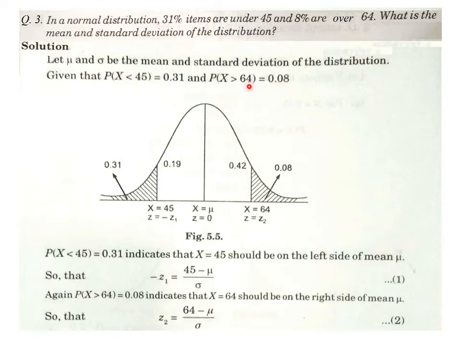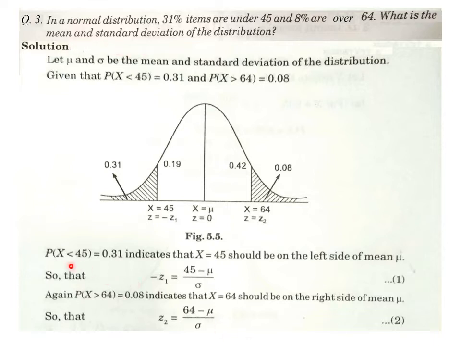Then x greater than 64 is on the right hand side, the area after x equals 64 is 0.08, and the whole right hand side is 0.5, so subtracting gives 0.42. We assume that at x equals 45, z is minus z1, and at x equals 64, z is plus z2.